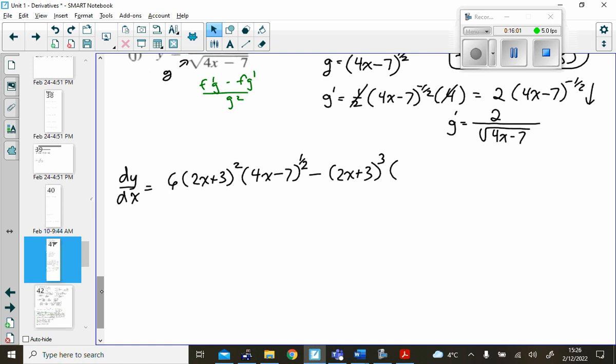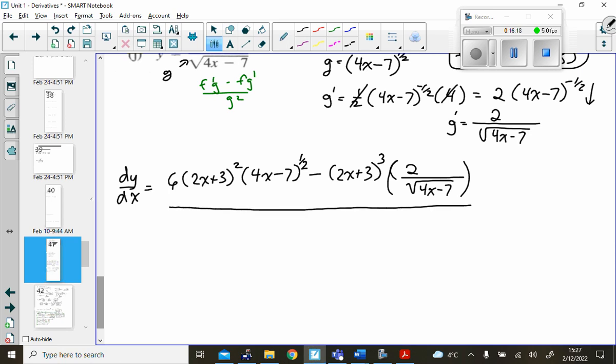Okay, f times g prime, which is 2 over square root of 4x minus 7. All over g squared, which is the square root of 4x minus 7 squared.